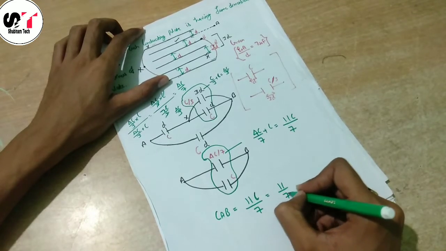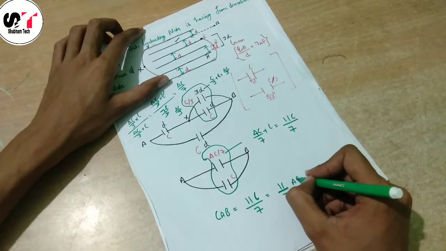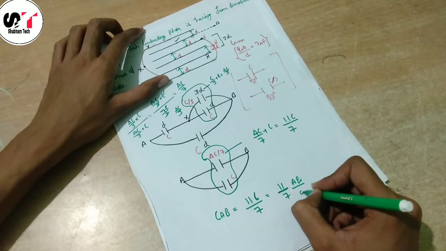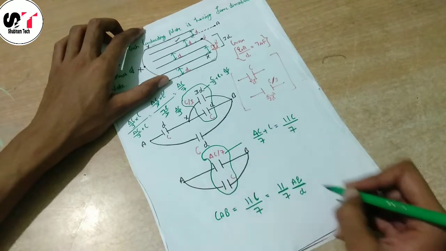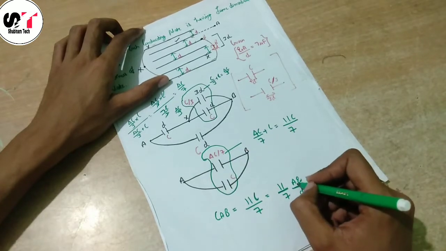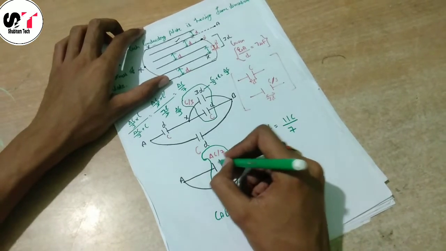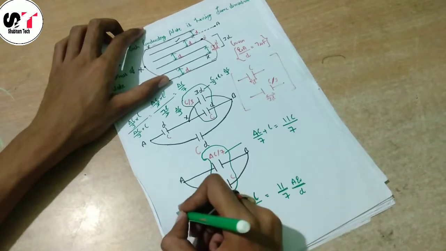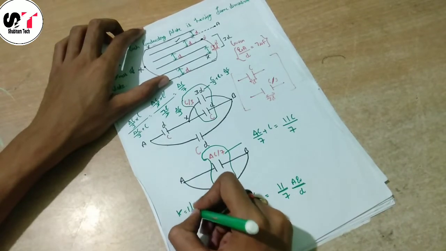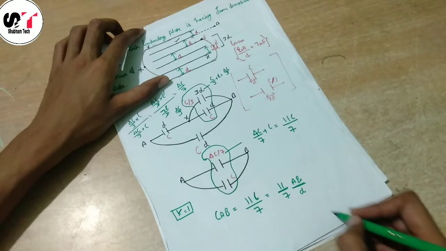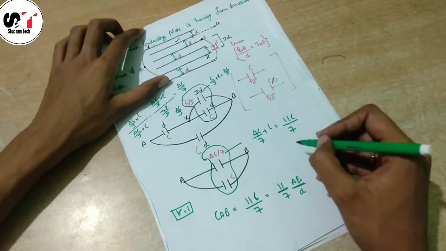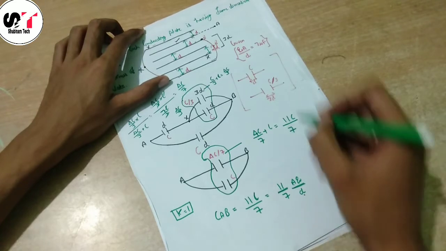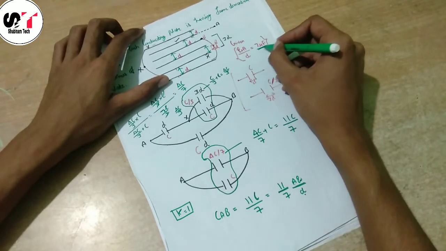Okay, we know the value of C. C is A epsilon naught upon D. This is the capacitance of a parallel plate capacitor. Because here air is the dielectric, we are taking K equal to 1. In the question the value of A epsilon naught upon D is given as 7 microfarad.